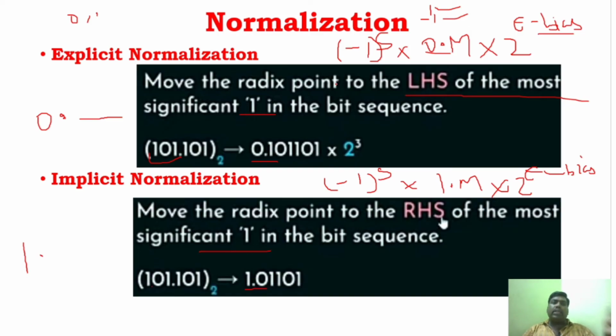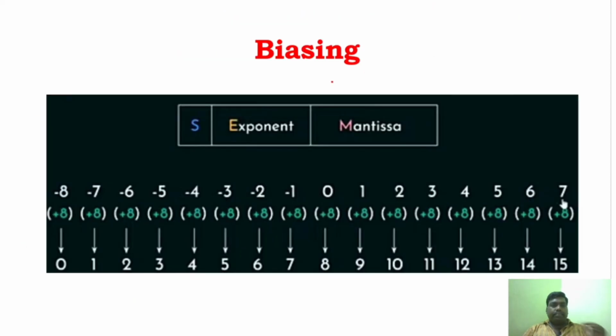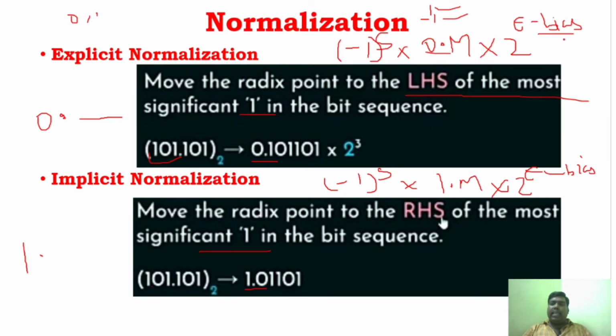Now you understand what explicit normalization is and what implicit normalization is, correct? Now we go to a very interesting topic which is called biasing. You can see here in this particular formula, there is something called bias. So why do we need bias?